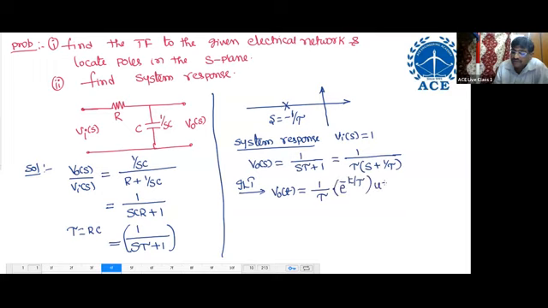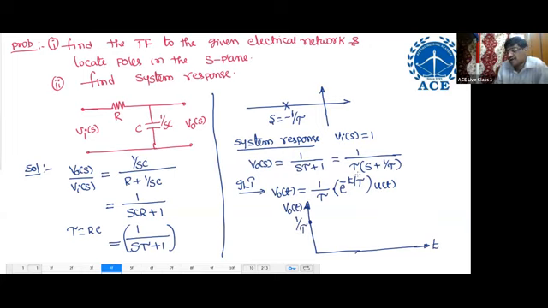Now draw the response. What is the response? Exponential decay. This is t, this is V naught of t. At t equals 0, e power 0 is 1, so it starts at 1 by tau.